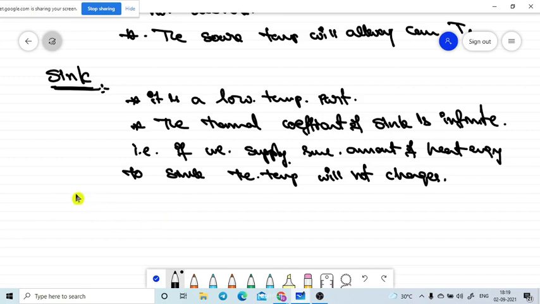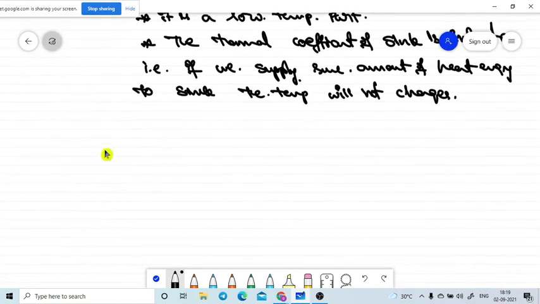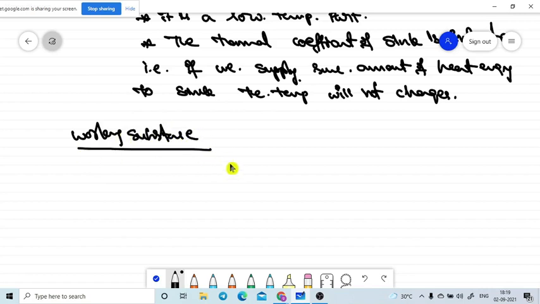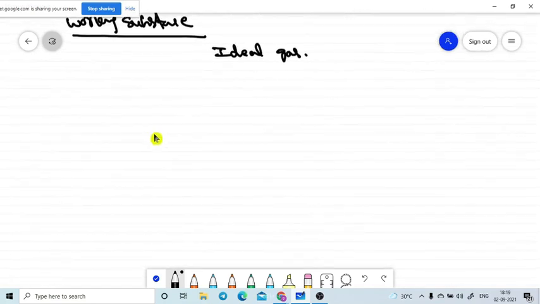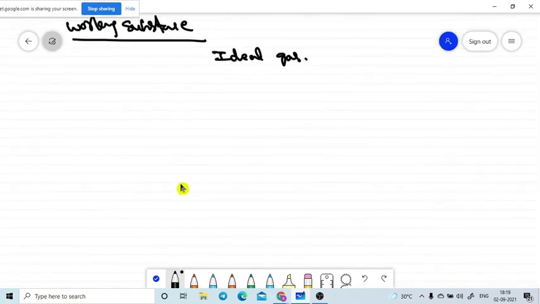Now, in a similar manner, we come to the working substance. Generally in the Carnot heat engine we take the ideal gas as the working substance. So when we are using this ideal gas, we will apply the ideal gas equations in this system.